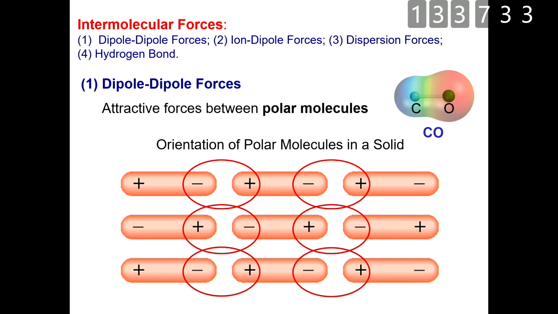So this is the carbon side, this is oxygen. Between the oxygen and the carbon, they will form the intermolecular forces, because they have different charges. We know particles with different charges will attract each other, right? So this is the first kind of intermolecular forces, dipole-dipole forces.